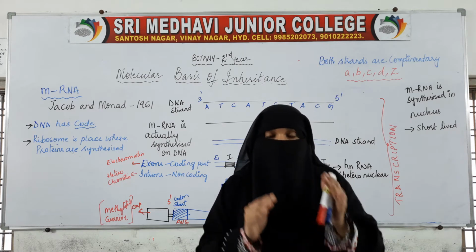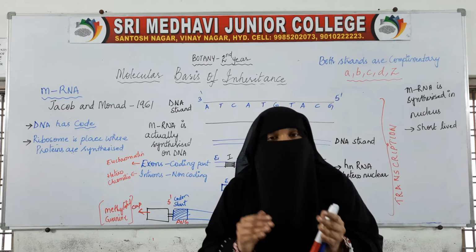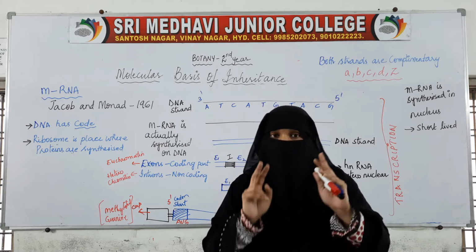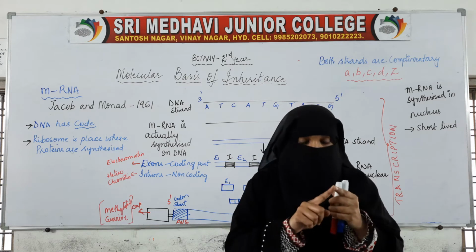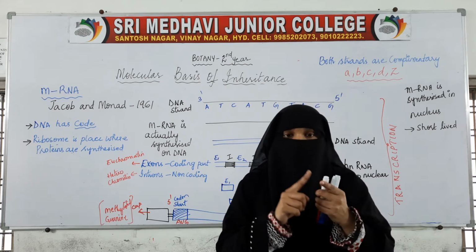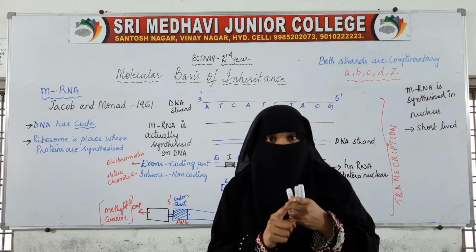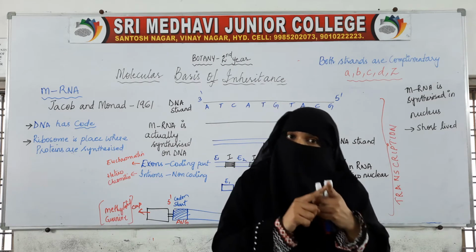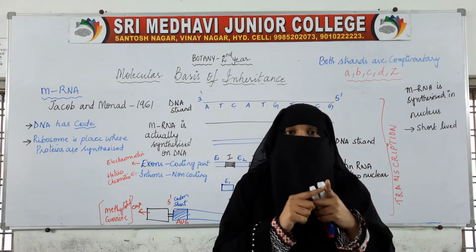DNA will give the code and ribosomes will synthesize the proteins. You remember two things. DNA will give the code, that is what type of protein should be synthesized, and where will it be synthesized? In the ribosomes.